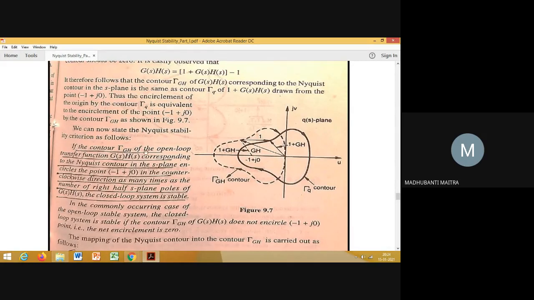This is our Nyquist stability criterion: if the contour tau GH of the open loop transfer function G(s)H(s), corresponding to the Nyquist contour in the s-plane, encircles the point -1 + j0 in the counterclockwise direction as many times as the number of right-half s-plane poles of G(s)H(s), that means the number of encirclements is equal to the number of poles of G(s)H(s) in the right half of the s-plane, then the closed loop system is stable.